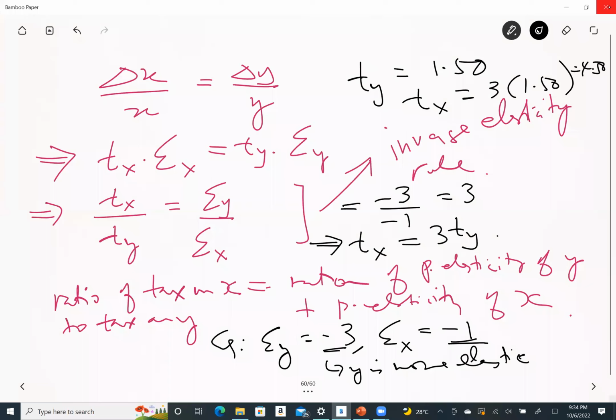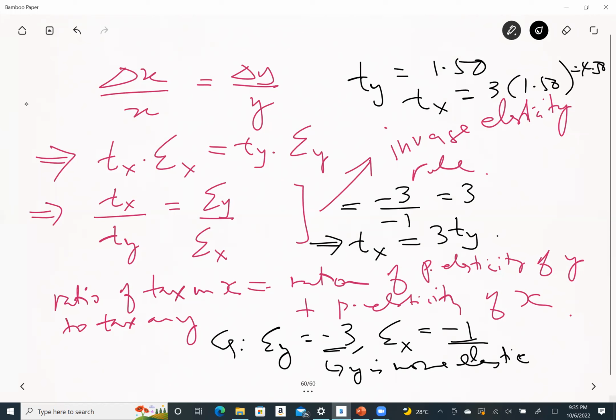Why? Because in that way, the total excess burden across all the goods will be smaller. Any question? So this is the inverse elasticity rule.